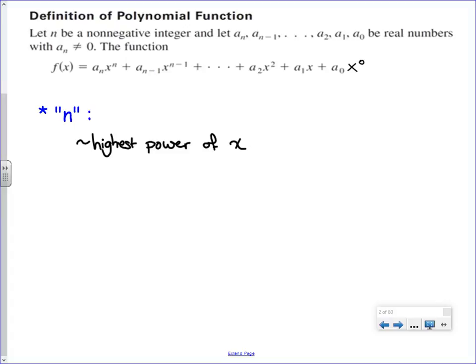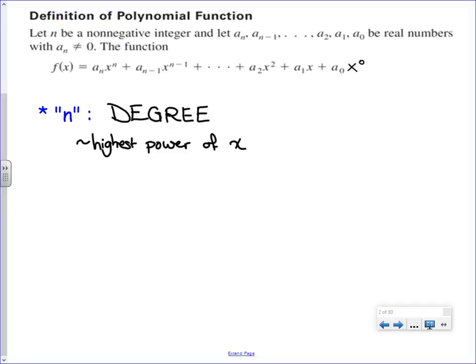We use this number, the highest power, and we call it the polynomial's what? Degree. I was going to start giving a hint about temperature. My catchphrase, and try to make you guess it. Anyway, degree. The degree of a polynomial is the highest power of x.